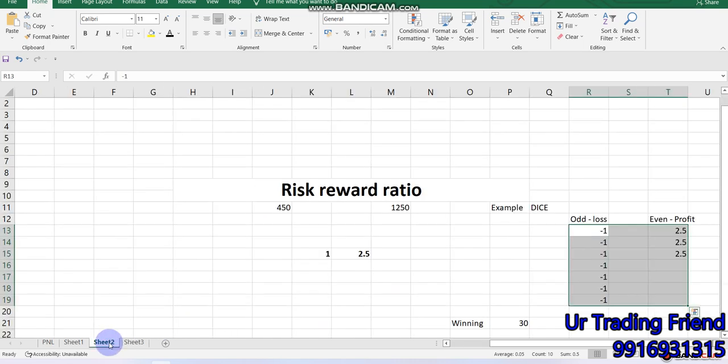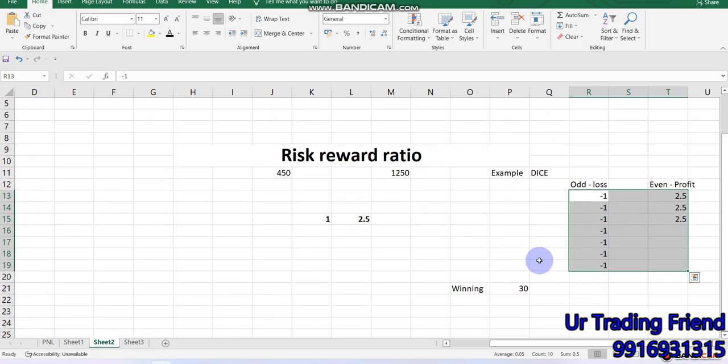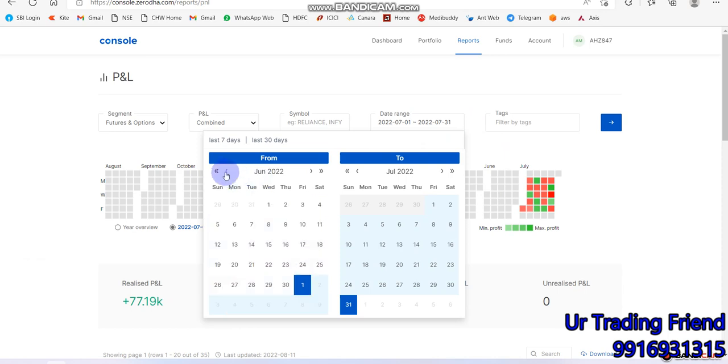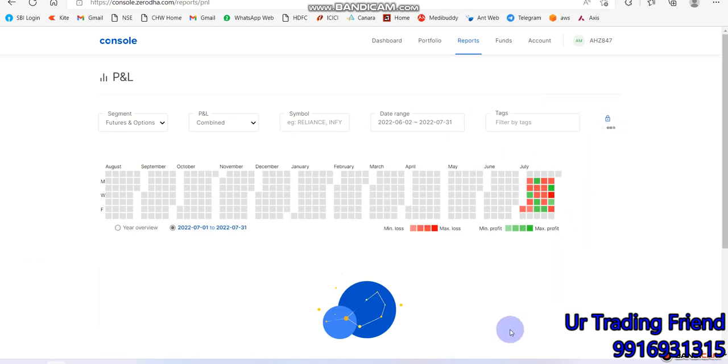As you all know, trading is just a game of probability. Here we had 7 continuous losses, but just 3 profits recovered all my losses. I was at break even or with a small profit. So this is the importance. I showed you live. I can show you from June, from where I started. From June 2nd I started this strategy.